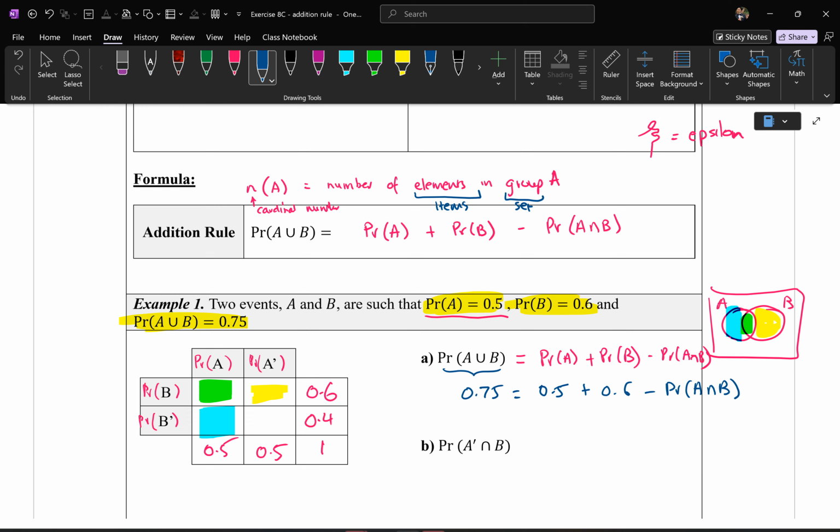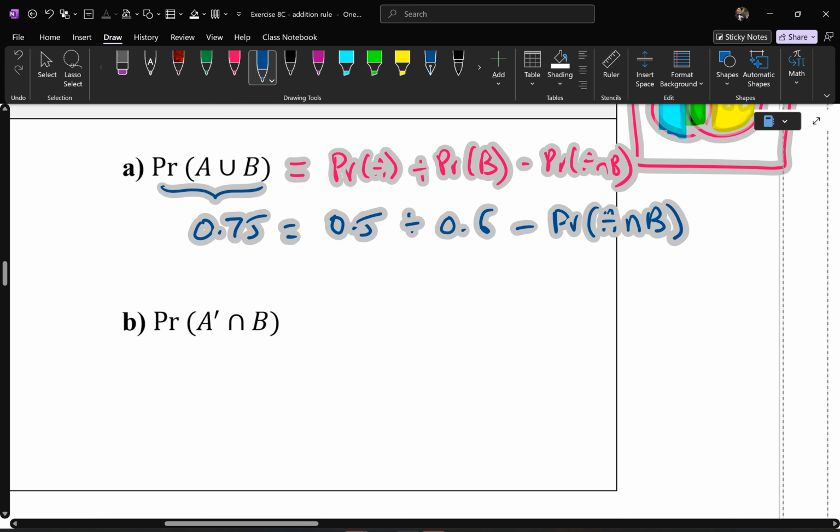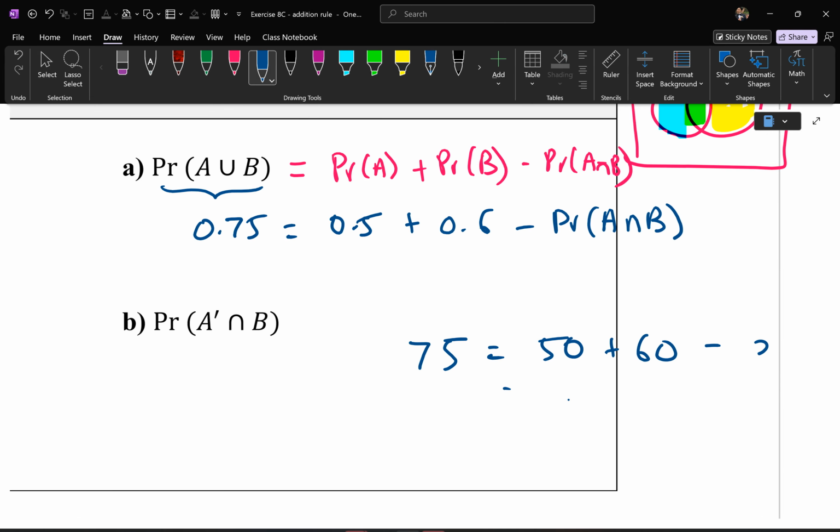Yes, so you can do it algebraically, or you can do it logically from here. But because the numbers might look a bit confusing for some of you, I'm going to just write it as 75 equals 50 plus 60 minus x. That might be easier for you to visualize. So 50 plus 60, you told me 1.1, which is really like 110. So 110 minus x equals 75.